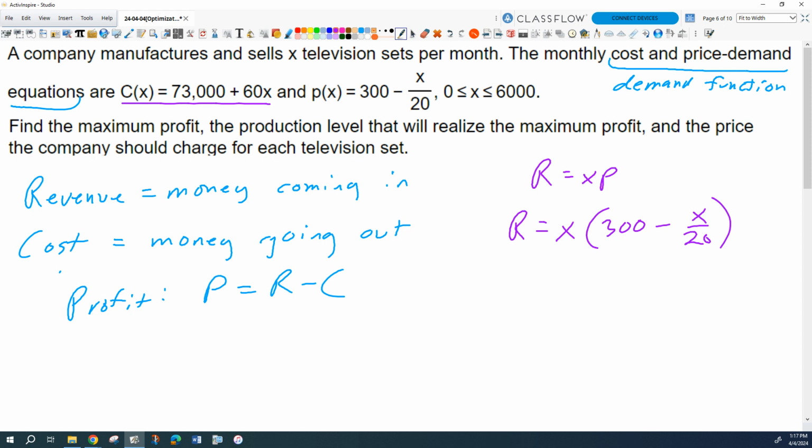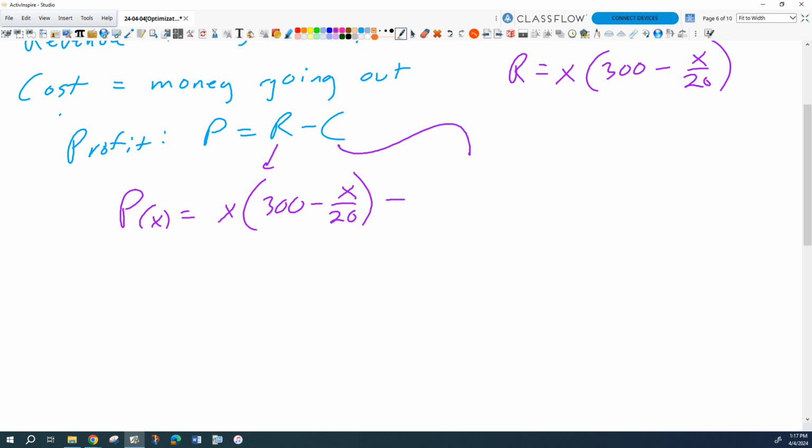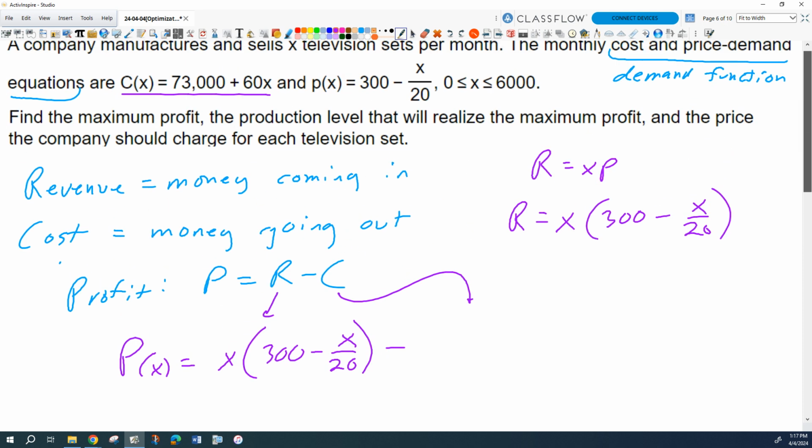If profit is revenue minus cost, then P of X is revenue, which we just built, X times the quantity 300 minus X over 20, minus cost, which we're already told is 73,000 plus 60X.